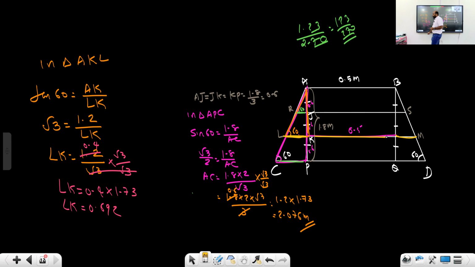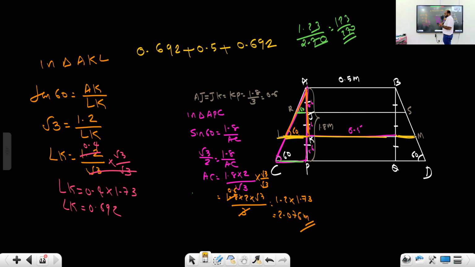Therefore, the length of the step LM is 0.692 plus 0.5 plus 0.692. Here 692, here also 692.